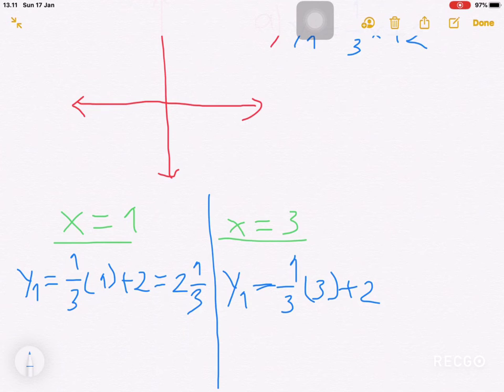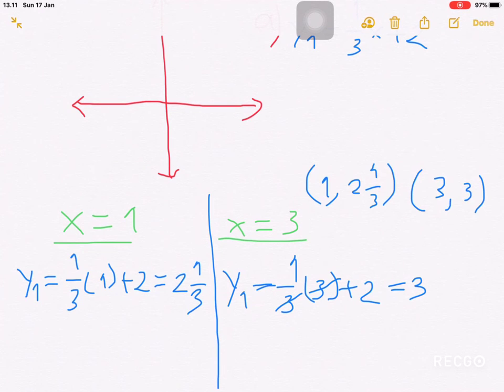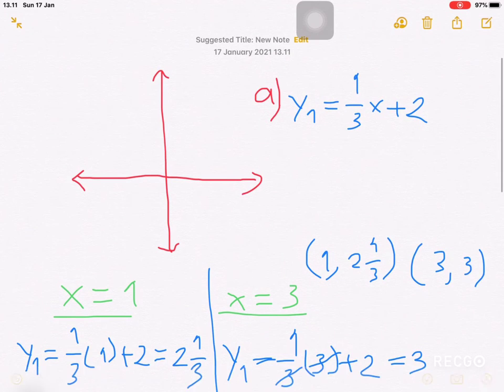Notice this 3 and this 3 will cancel, leaving us with a 1. So we only have 1 plus 2, which is just 3. So given our two coordinates, we have our first point (1, 2 1/3), and then we have (3, 3). So we can just plug in those points right here.